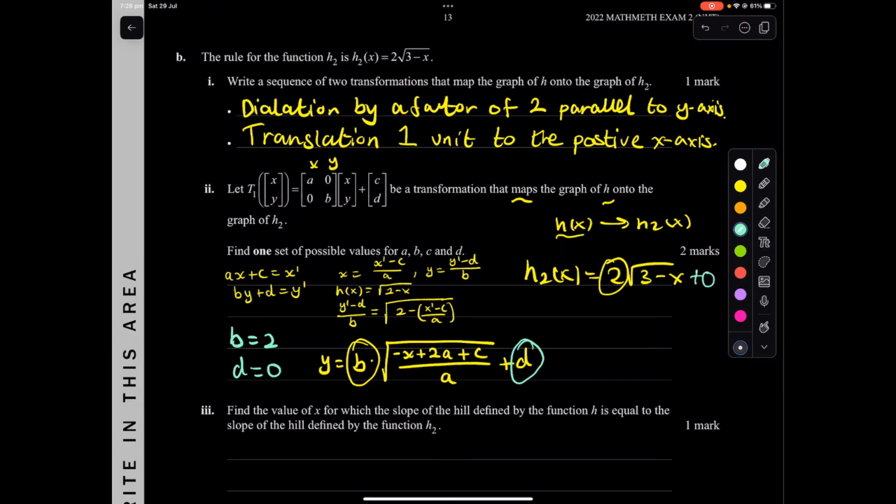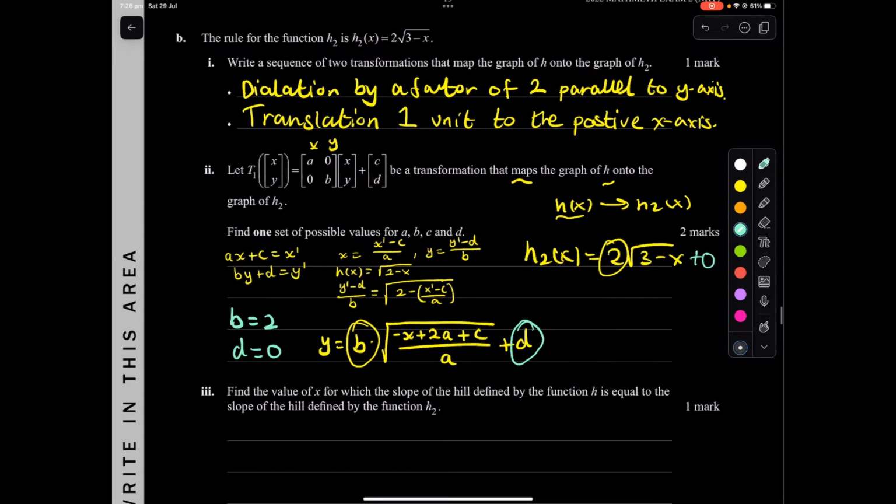What else can we say? If we equate the inner function, 2a plus c is equal to 3. Wait, that's wrong.